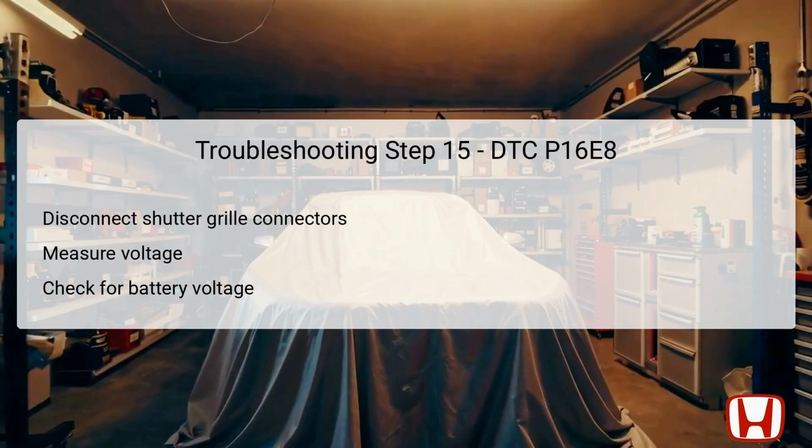Step 15 involves checking the voltage between specified test points while having disconnected the shutter grille connectors. This phase is vital in diagnosing potential faults with the LIN communication line. The technician assesses whether there is battery voltage present between test points, specifically related to the shutter grille operation.